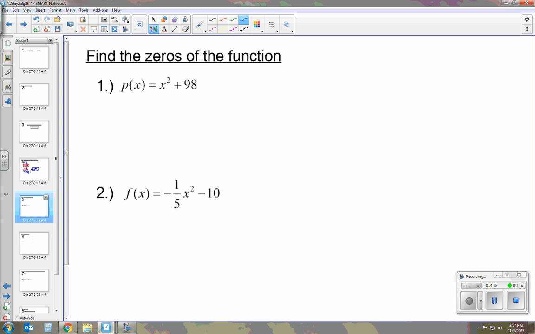All right, finding the zeros of the function is just the same. Now we have p of x equals x squared plus 98, but this time we're going to plug in 0 for p of x, and now we're going to solve. Now we're going to subtract the 98. So we have -98 equals x squared, square root both sides.